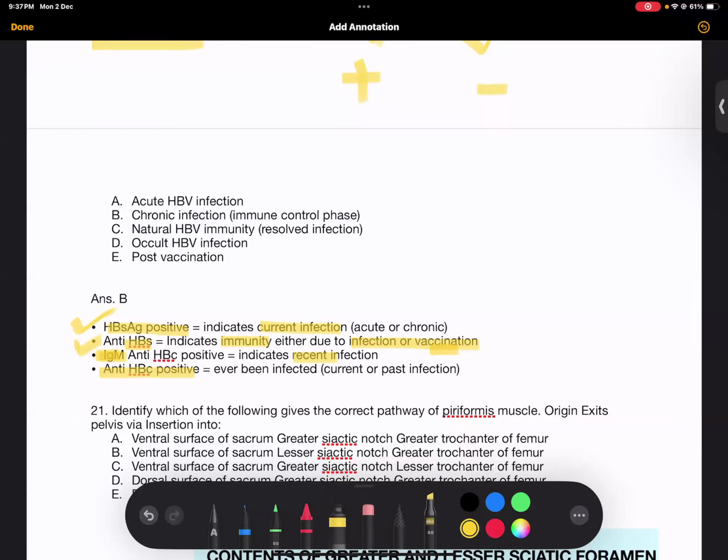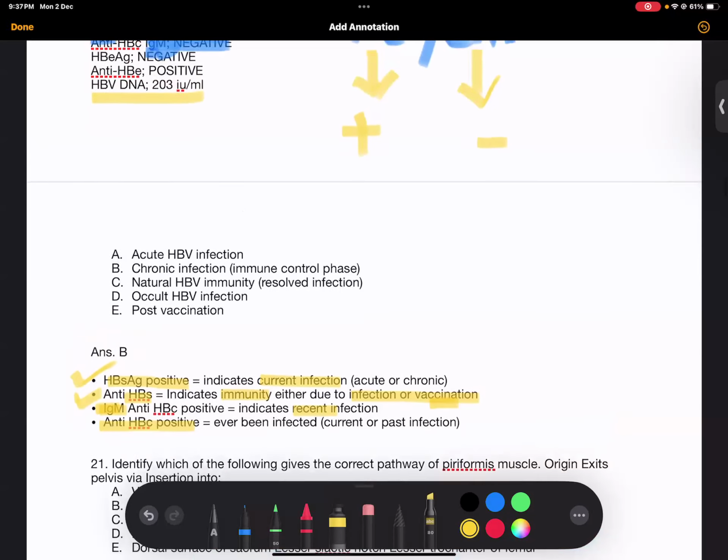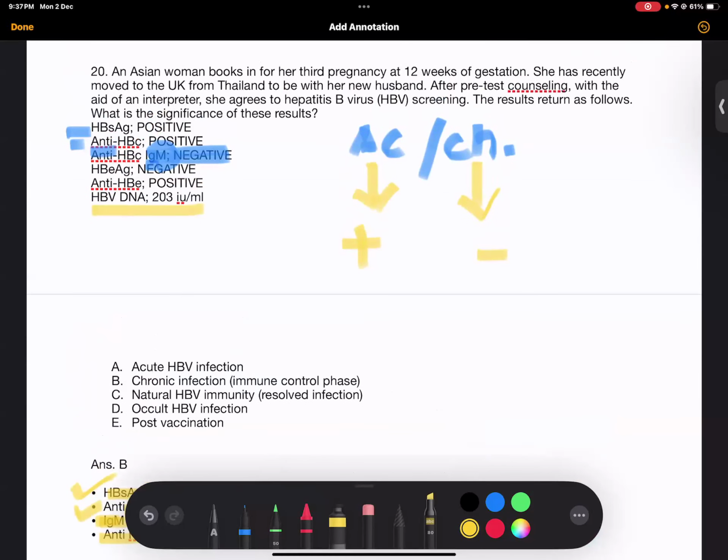So if you want to differentiate, see these 4 kinds of conditions you get in the exam, either in the form of acute or chronic infection. Whenever they give you acute infection, just look at this scenario. Only one thing would be changed: this IgM negative would be positive, and that will show that this is an acute infection.